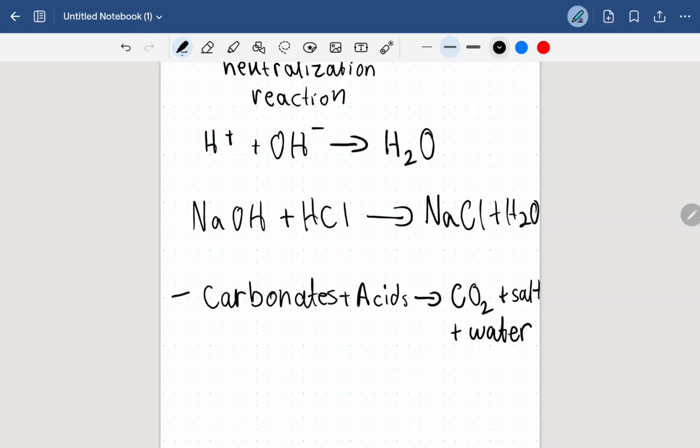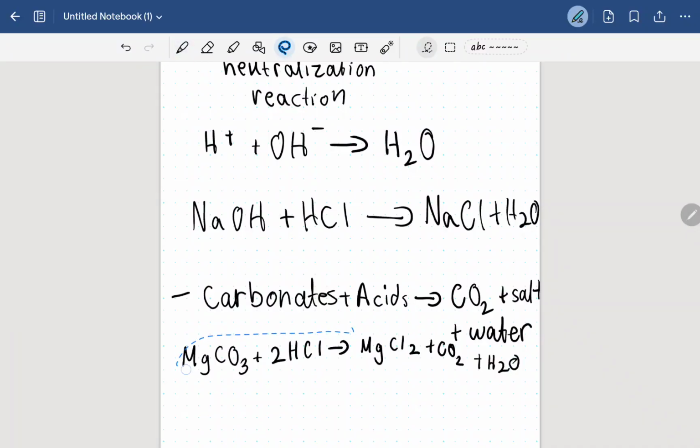For an example, I could give you the net ionic equation, but I'll give you an example and the net ionic. So here's our example, which is the total equation, not net ionic. MgCO3 plus 2HCl is gonna give us MgCl2 plus CO2 plus H2O.